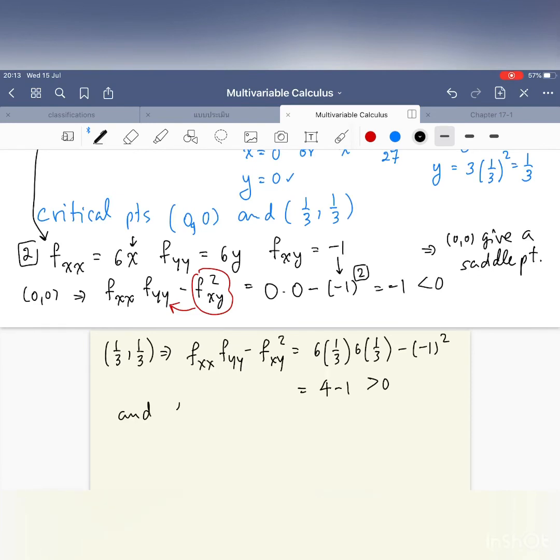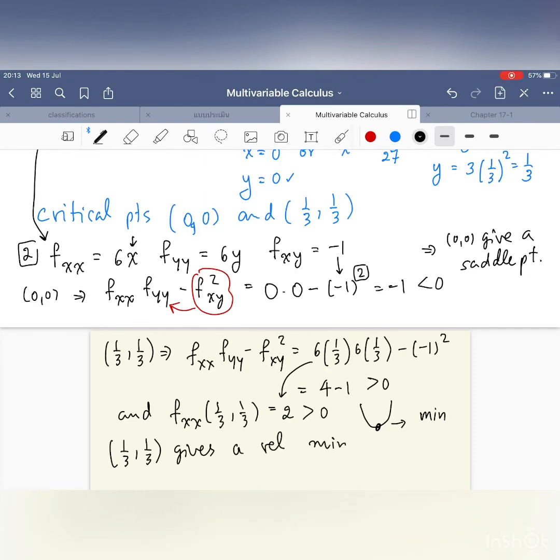So it means that the same direction wins, and looking at one of the same direction, at this point as well, it is what? It is 2, which is positive. So it means that it is an upward shape like this. So you got a minimum again. So the 1/3 and the 1/3 give you a what?